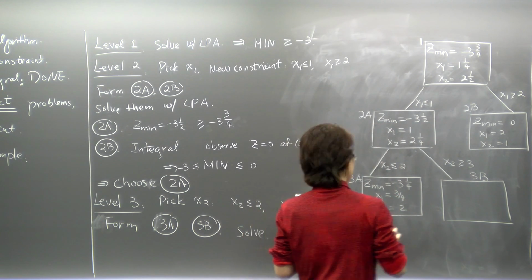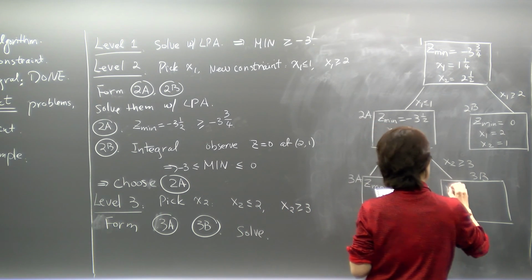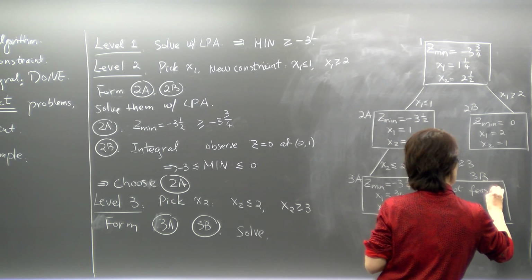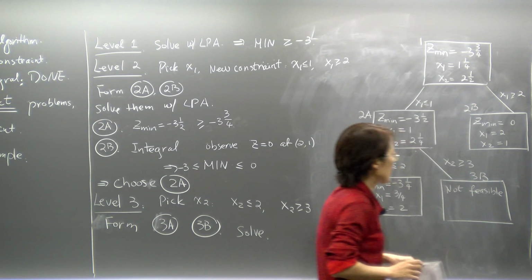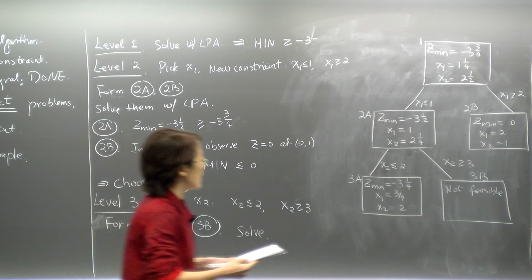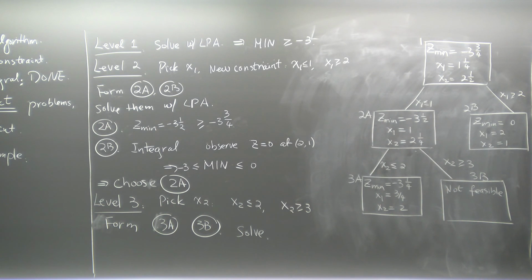And then for this constraint, I found out that it is not feasible, because it completely cuts out the whole feasible region. There's nothing left there, so that's not feasible. So let's look at answer 3a.